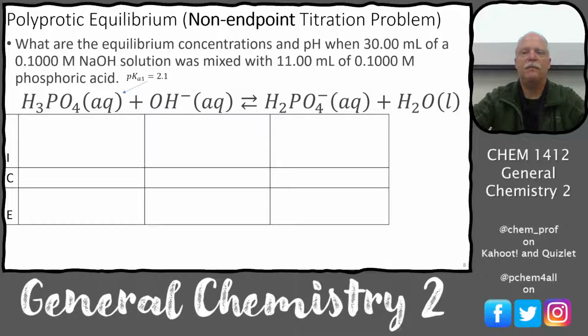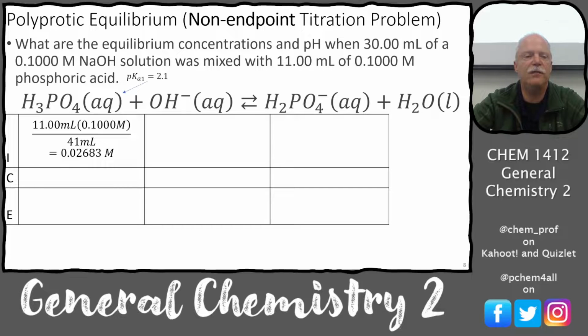And so that first step, again, we have volumes and concentrations of our acids and our base. And so we're going to do the dilution step first. We mix 30 plus 11, so we have 41 mils. So the new concentration of our acid is 0.02683. We're doing titration, so we're going to keep all those digits.